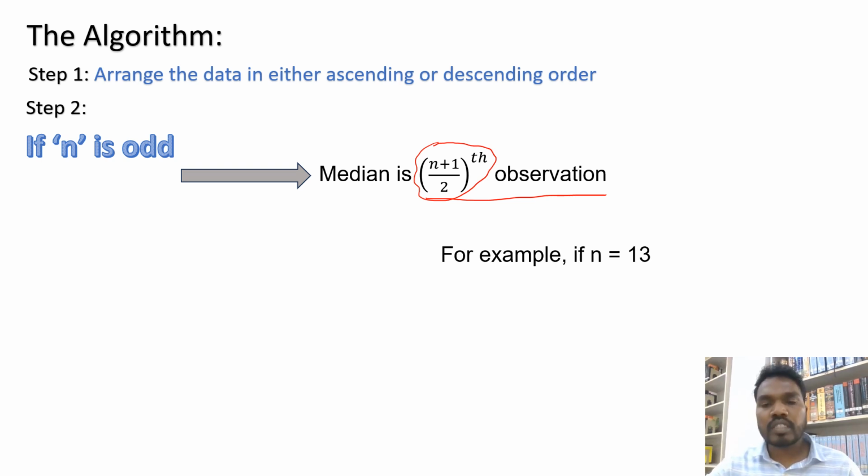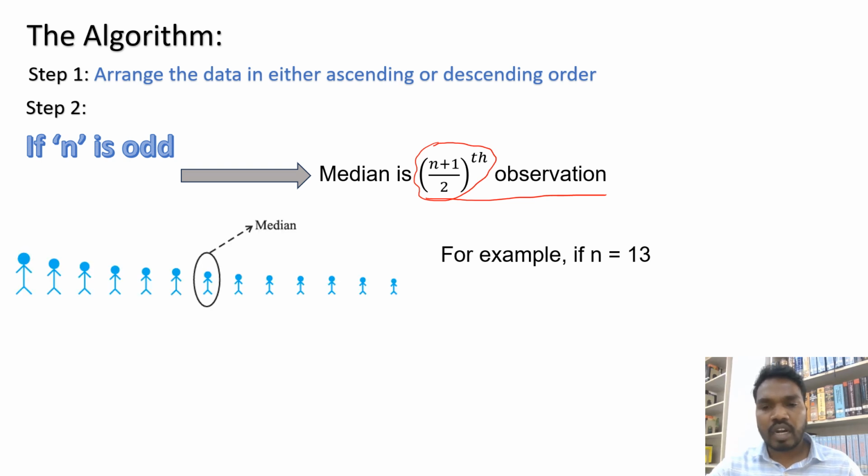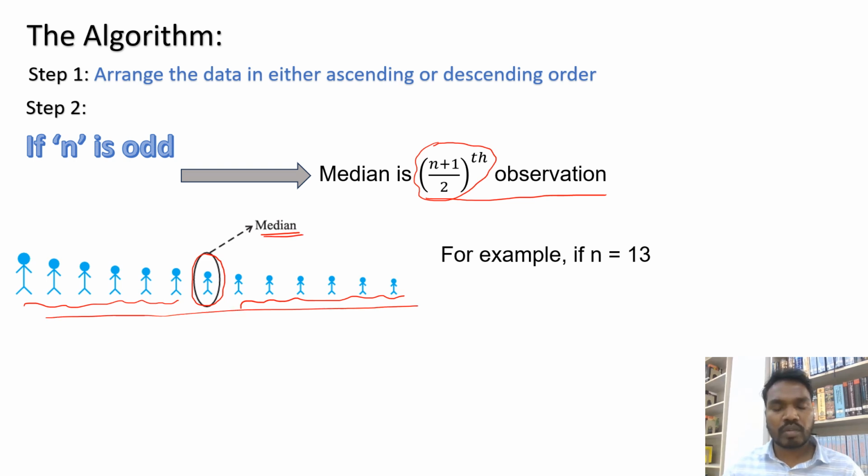For example, n is 13, which is an odd number. Now look here, if I arrange the numbers in descending order, and these numbers and these numbers are eliminated, then you are left with only one number in the middle, right? This number is nothing but the median. So these are all the observations, arranged in descending order.